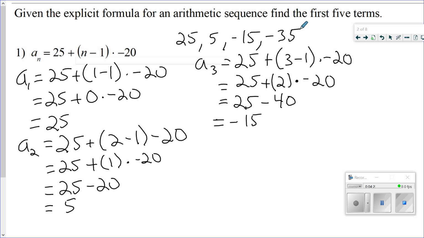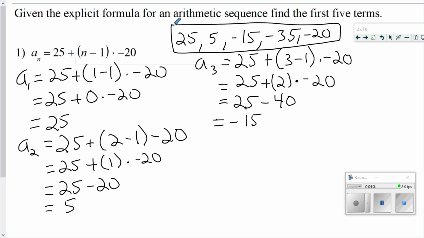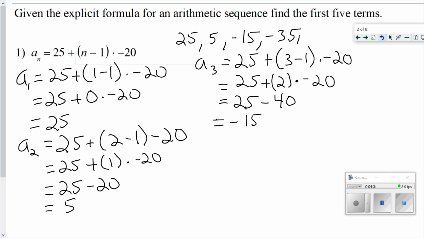And then negative 35 minus 20, and that's going to give me negative 55. And that'll be my first 5 terms.